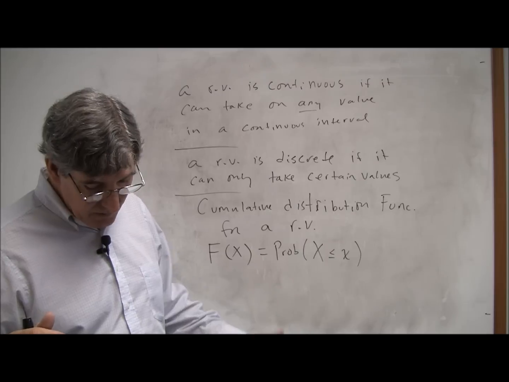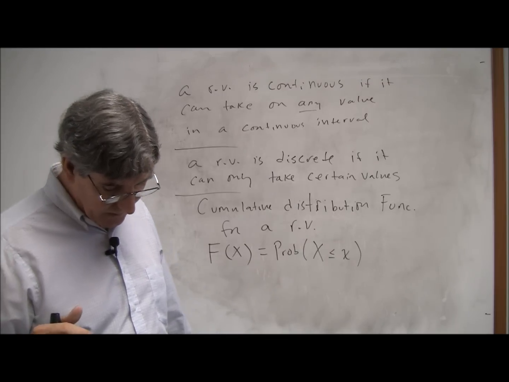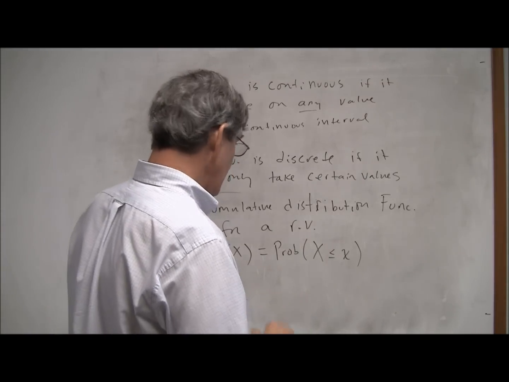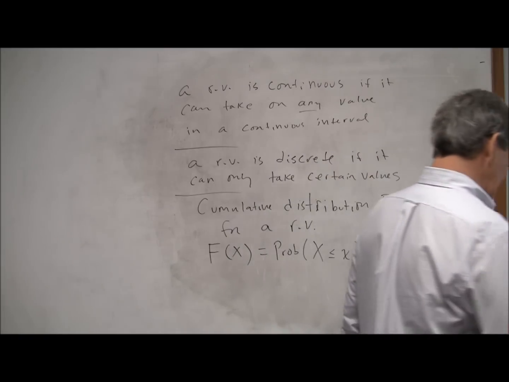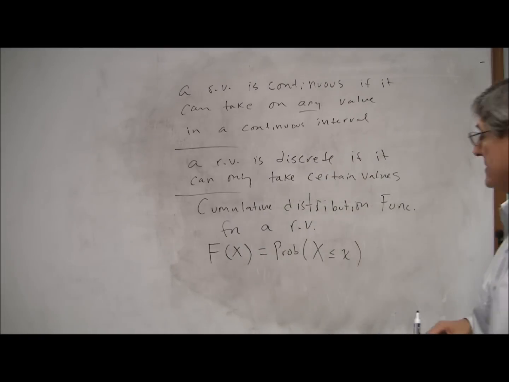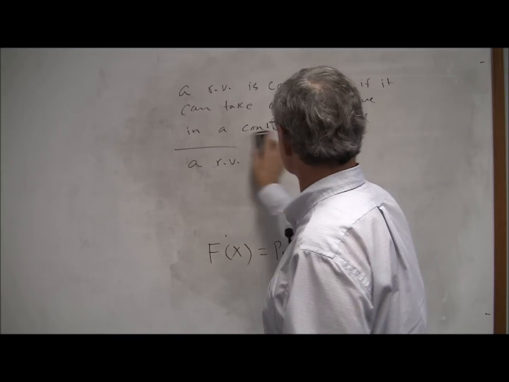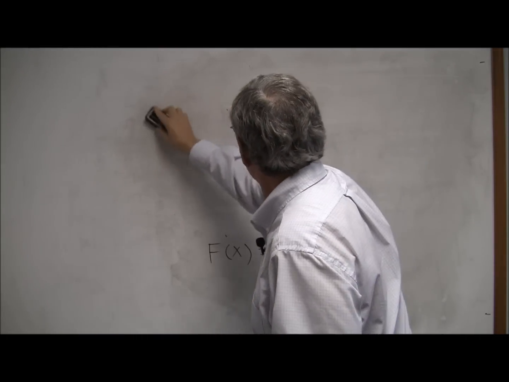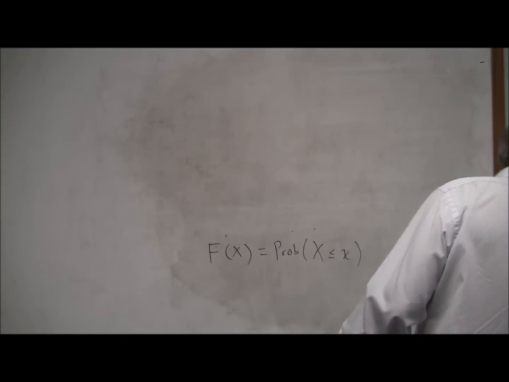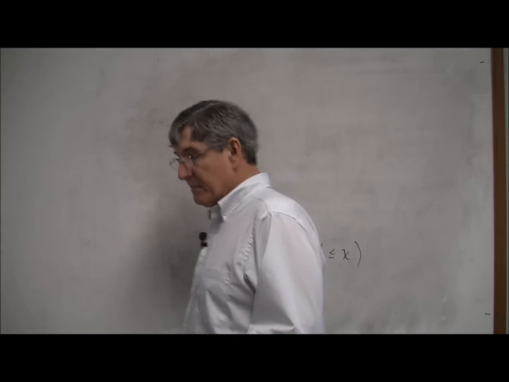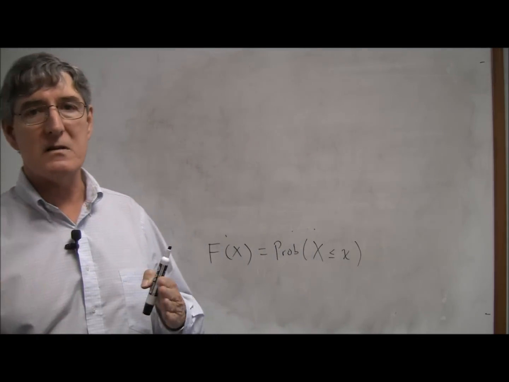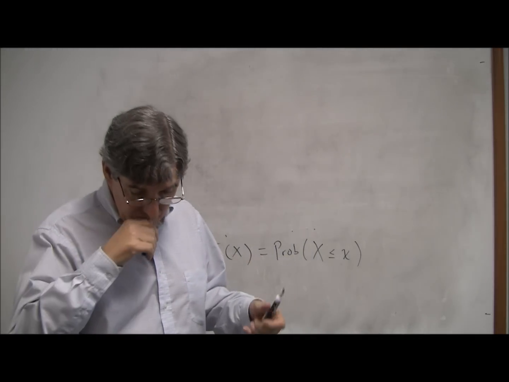And so it's a cumulative probability function. You could talk about the probability that the random variable was less than or equal to 5, which would be 5/6 in that example. And so that's the definition of a CDF. It just tells us the probability that a random variable is less than or equal to a certain value.